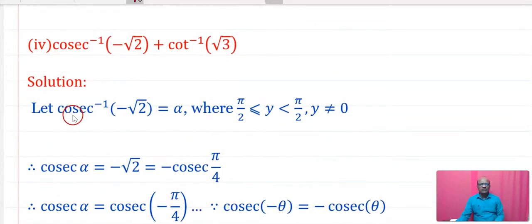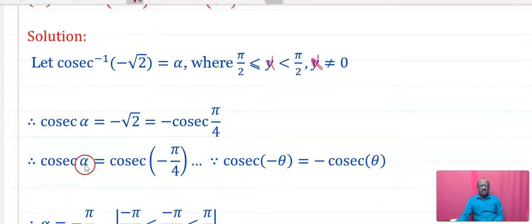Next is cosec inverse of minus root 2 plus cot inverse of root 3. Again, let cosec inverse of minus root 2 be alpha, where this alpha lies between minus pi by 2 to plus pi by 2. Now, cosec alpha is equal to minus root 2. But root 2 is the value of cosec pi by 4.